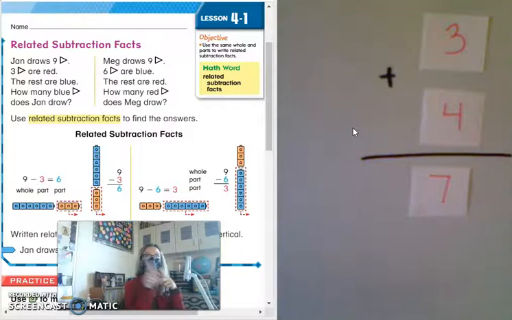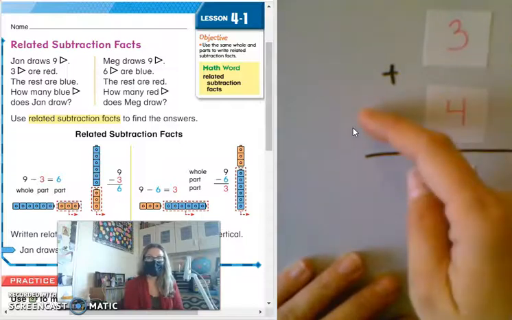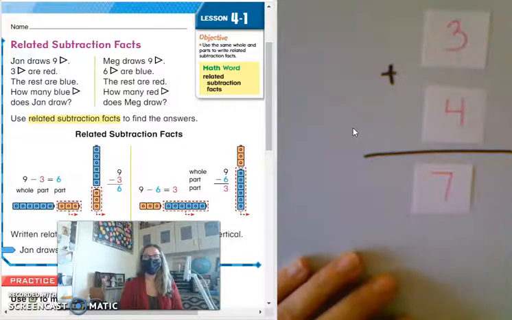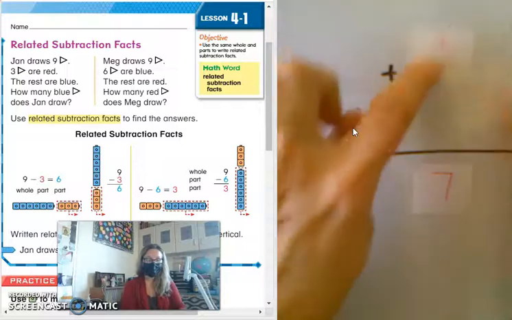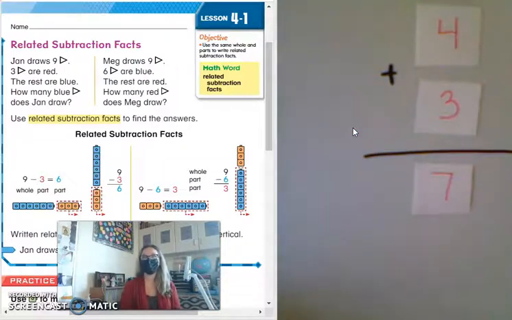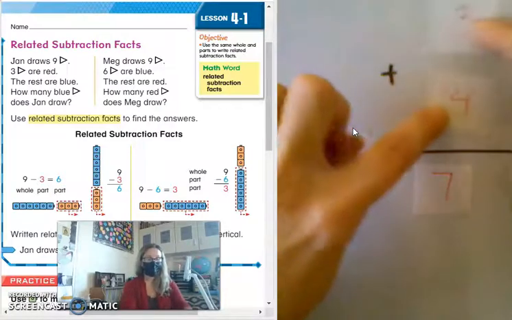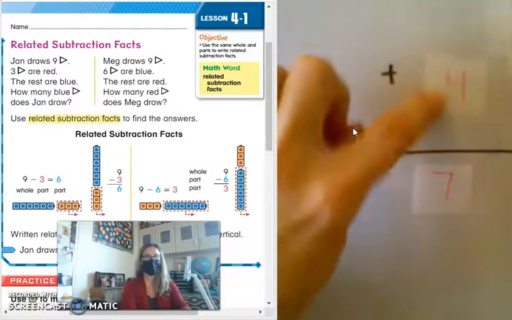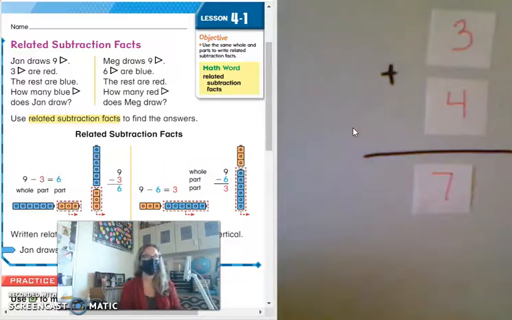Those of you that are looking around the room or messing in your books, you might not be getting as awesome of an understanding because you're not paying attention. This is real life math that you're going to be using every day, so it's really important that you pay attention. Okay, so 3 plus 4 equals 7. Johnny, that's the same thing as saying 4 plus 3 equals 7. Okay, in addition, facts are related when you flip-flop your add-ins or your parts, okay?